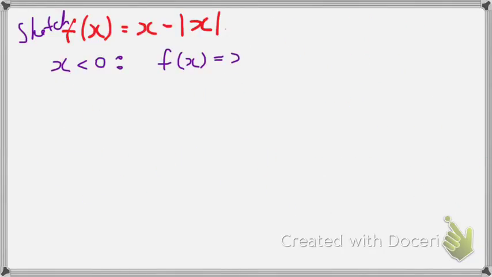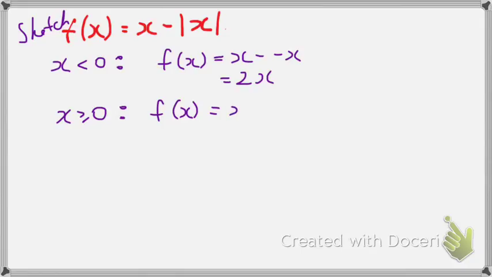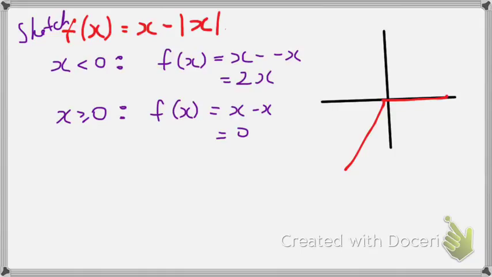So this is x minus x, and that's 0. And then for x greater than 0, we know that the absolute value of x is just x. So this is f(x) equals x plus x, and that's 2x. And so we can sketch that. That looks something like this. That goes through the origin, and that line there has slope 2.